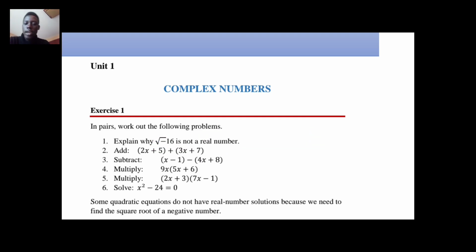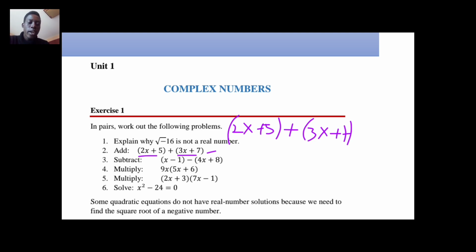Okay, let's see number 2 here. In number 2, you are being told to add two brackets. You are adding 2x plus 5 to 3x plus 7.